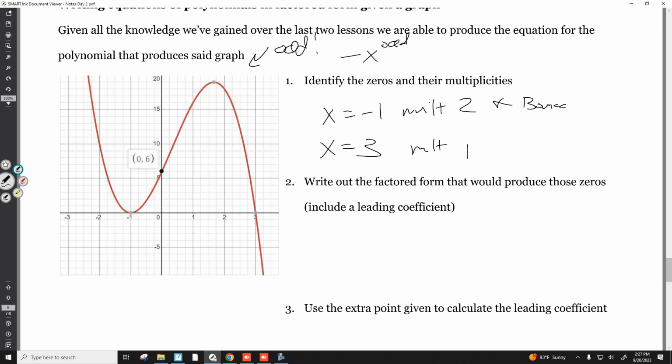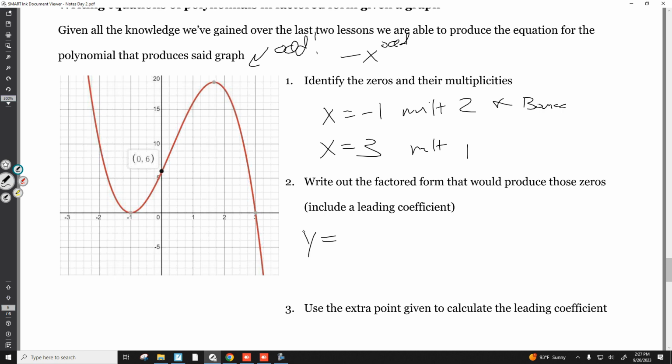Cool. Great. Now, could you write out maybe a general form of your equation, but not being very specific, using these factors? Okay, what would be some of the factors if -1 is a 0 and 3 is a 0? Tell your neighbors. Good.